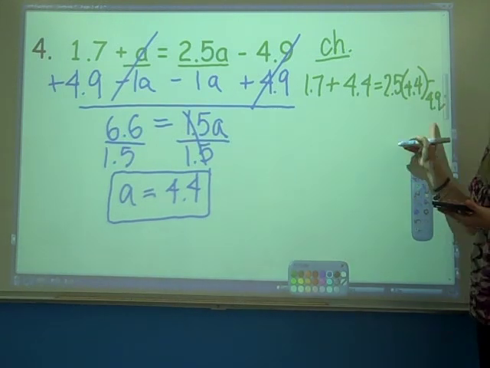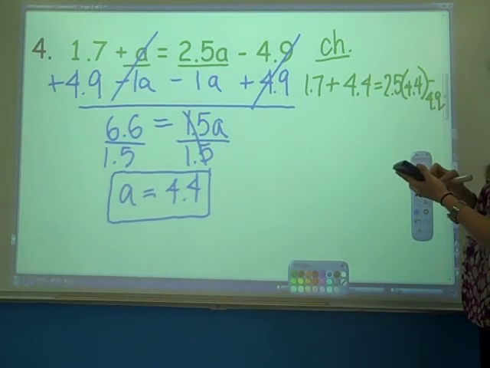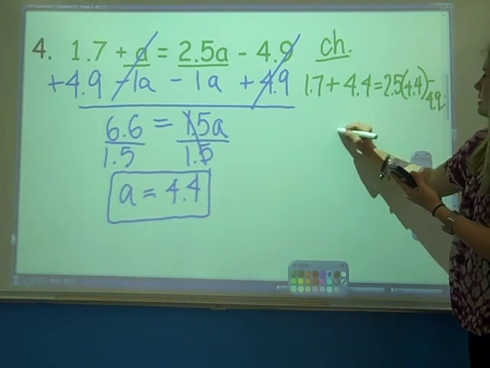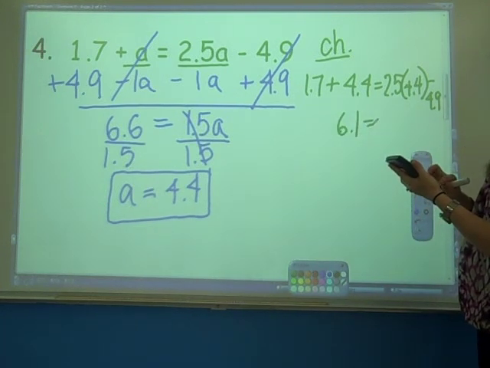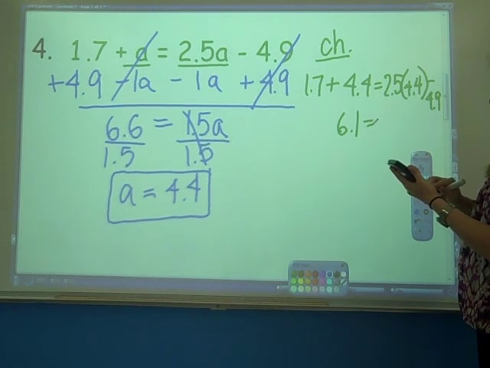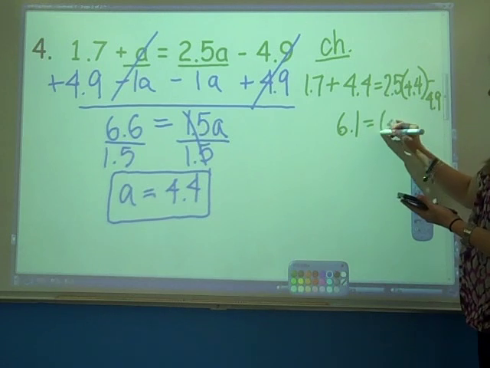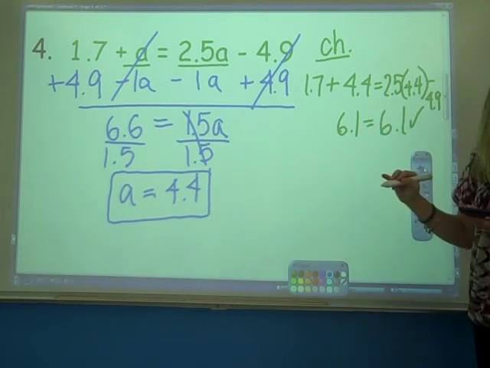Sorry, I'm running out of a little room there. 1.7 plus 4.4 is 6.1. 2.5 times 4.4 is 11, minus 4.9 is also 6.1. So it works out.